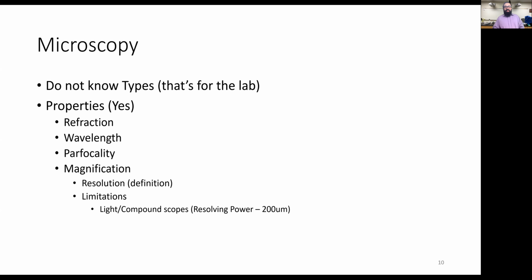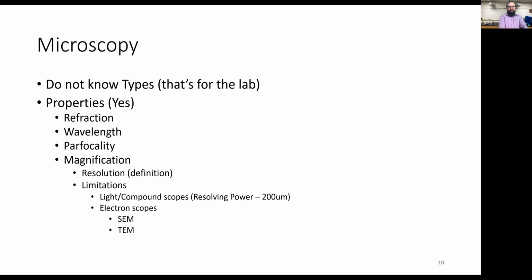And then we go into the field of electron microscopes. For that, you get the two big types that we do want to know a little bit about: your scanning electron microscope and your transmission electron microscope, your TEM in this case.